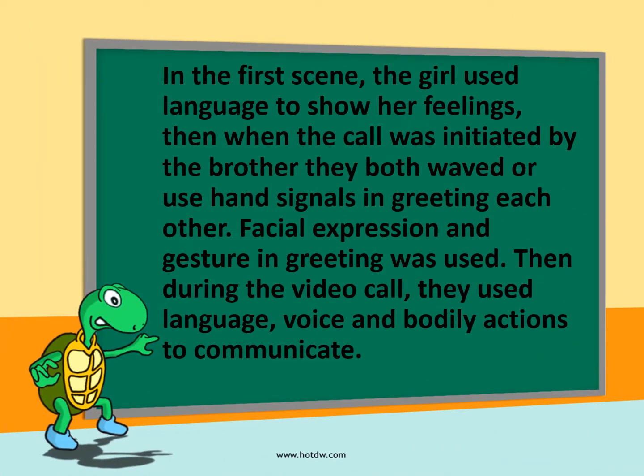In the first scene, the girl used language to show her feelings. Then, when the call was initiated by the brother, they both waved or used hand signals in greeting each other. Facial expression and gesture in greeting were used. Then, during the video call, they used language, voice, and bodily actions to communicate.